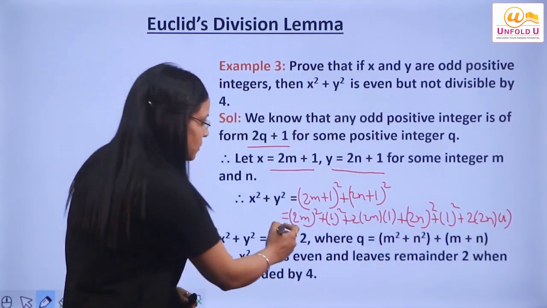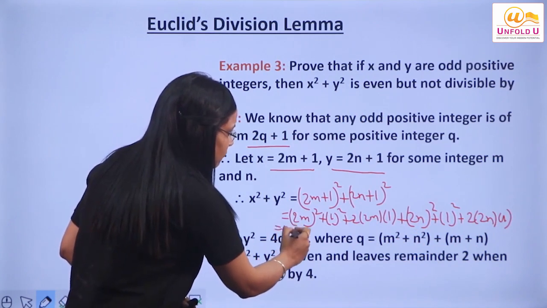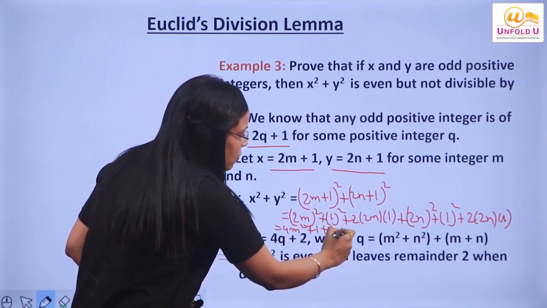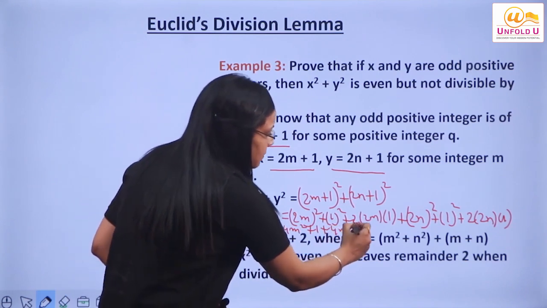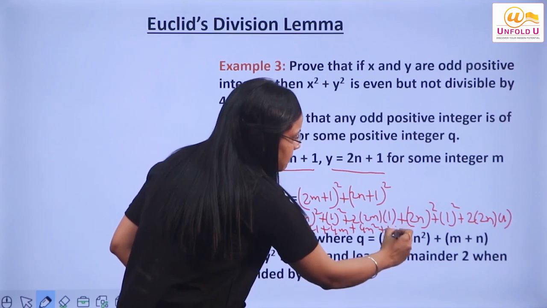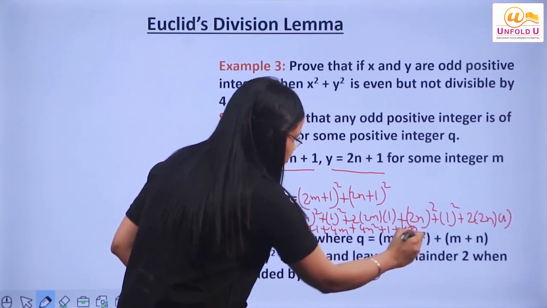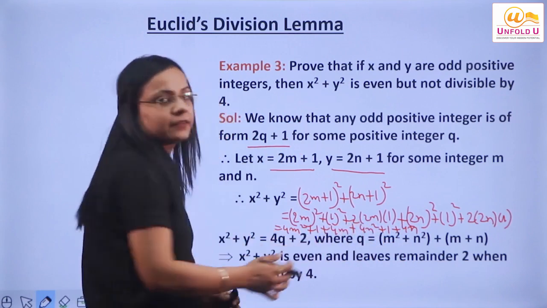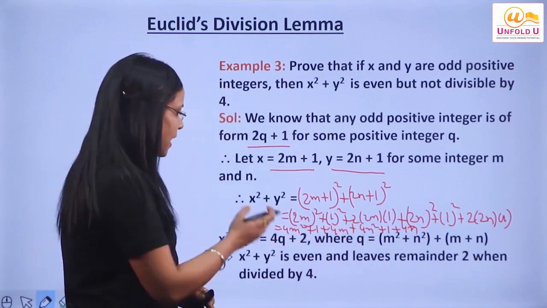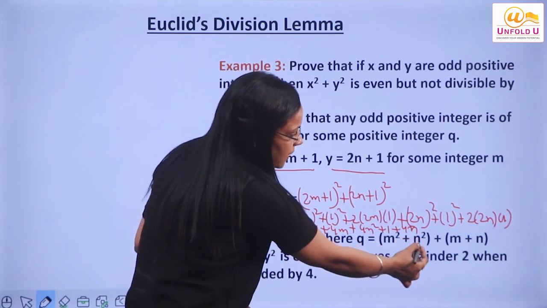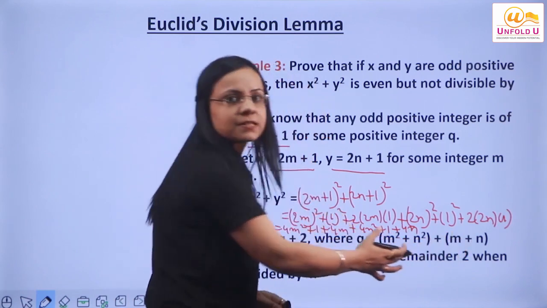So solving this, we get 4m square plus 1 plus 4m plus 4n square plus 1 plus 4n. Now you can combine the terms of 4 and then you can take 4 common and we are left with 4 into (m square plus n square plus m plus n).